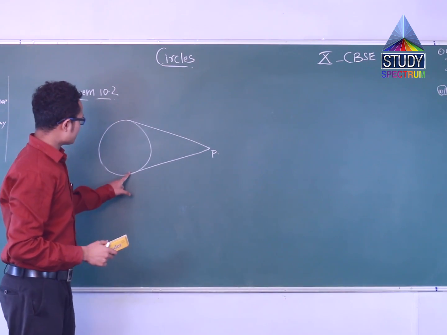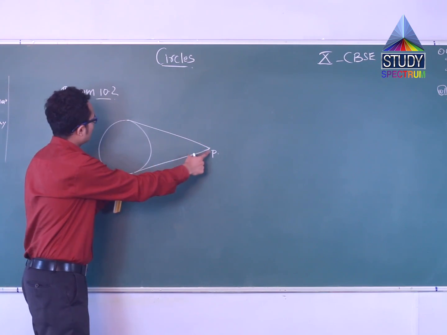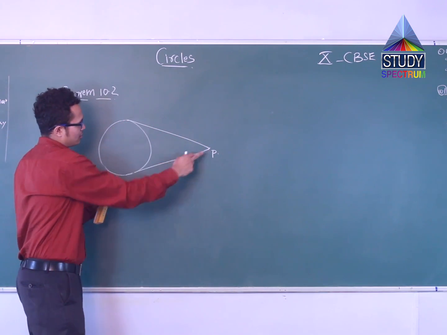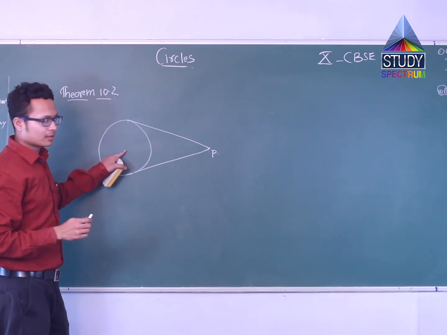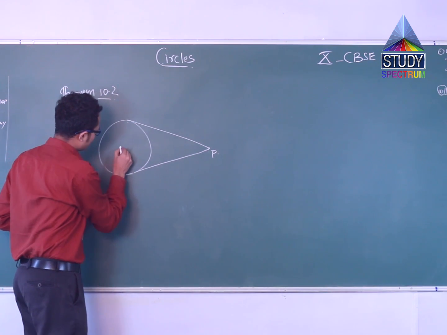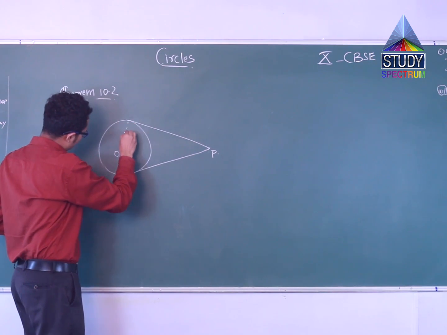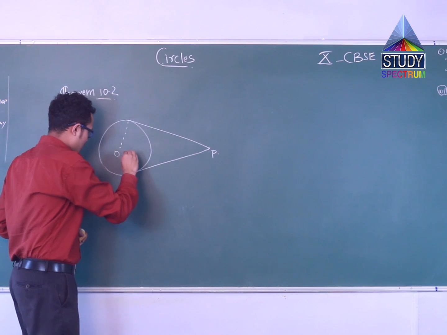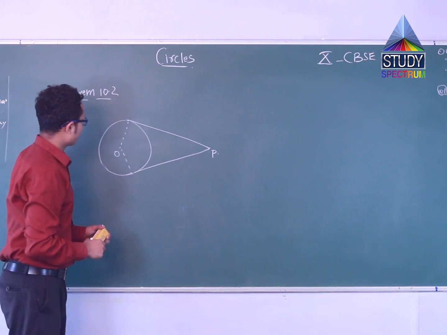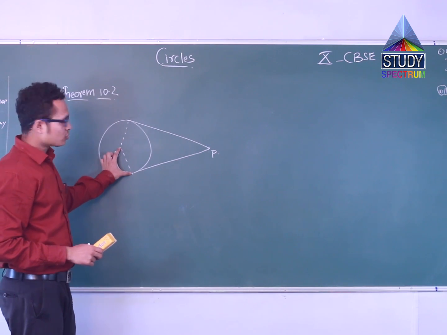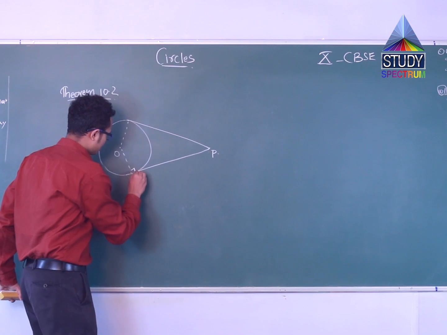Now the length of the tangent starts from the point of contact here to the external point. Again, the point of contact to the external point. Let me indicate the center with the letter O, and let me join these 2 points. Now from theorem 10.1, you know that the line dropped from the center onto the tangent is at right angle.